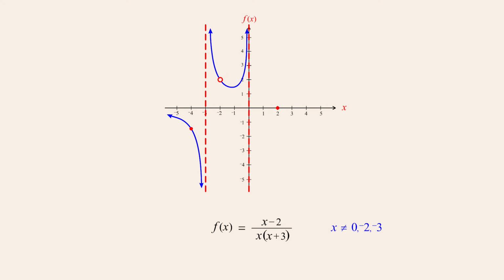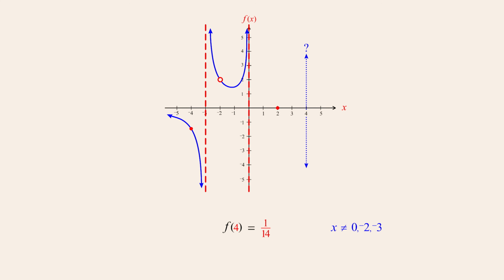Next, we estimate the shape of the graph to the right of the asymptote x equals 0 by calculating the function's value at a point to the right of the graph's x-intercept. Setting the value of x to 4, we see that when x is 4, the function's value is 1/14.